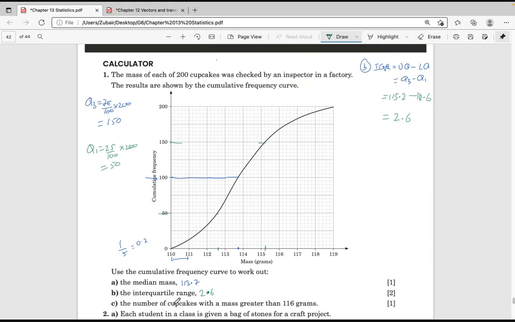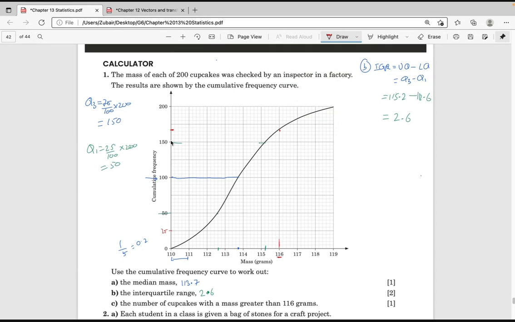Part C says the number of cupcakes with mass greater than 116 grams. Now mass is on the horizontal axis, so I see where this 116 mark is, and we go up vertically. It touches that point. If I look closely, this is somewhere between these two. Coming back, this is 25 by 5, so one small mark is 5.